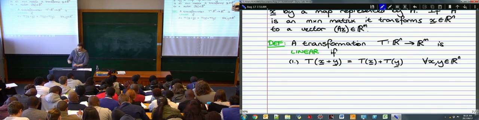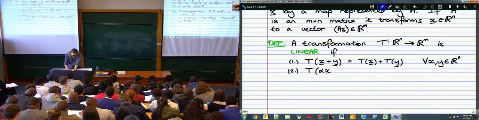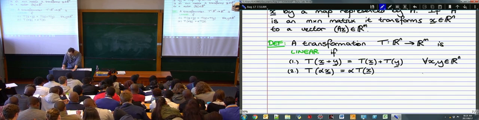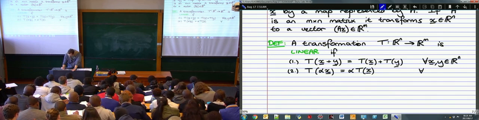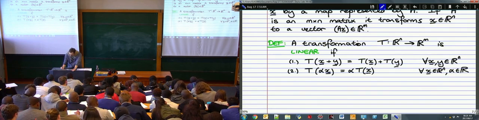And then the second condition is that if we do our scalar multiplication, this should be for every x in Rn and alpha in R.